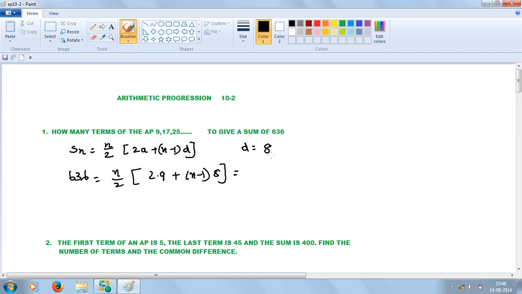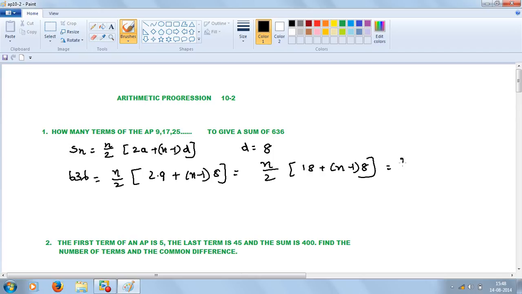So it is equal to n by 2 multiplied by 2 nines, or 18, plus n minus 1 multiplied by 8. Here minus 8 and 18 becomes 10.